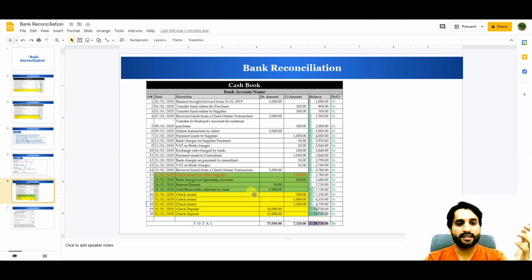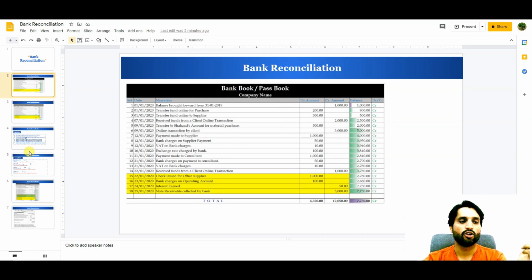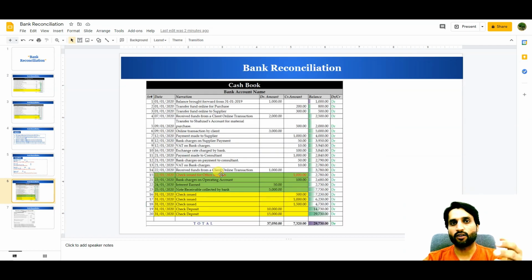Now the missing entries, these yellow highlighted entries, are in our cash book but not in our bank statement. To do the bank reconciliation, because these are not monetary events, these are checks issued or checks deposited, but the money did not appear in any of these cases.